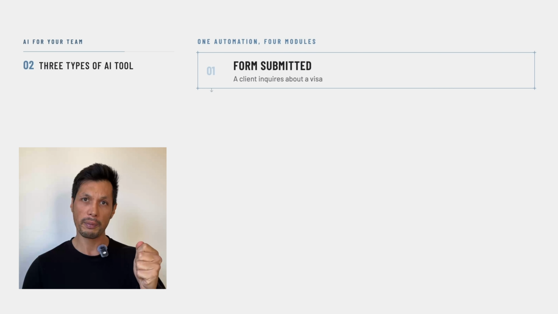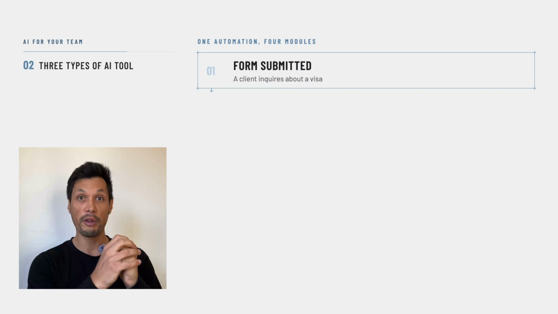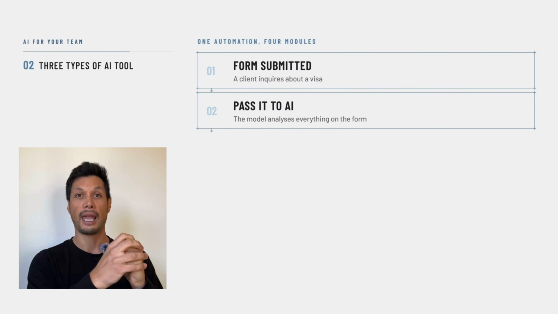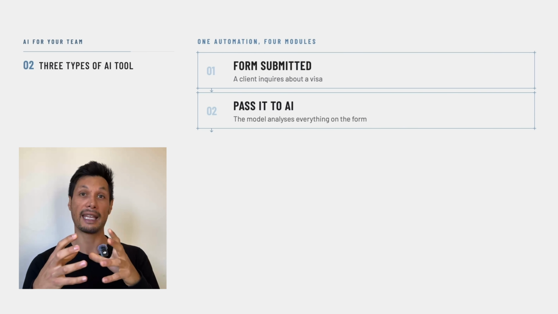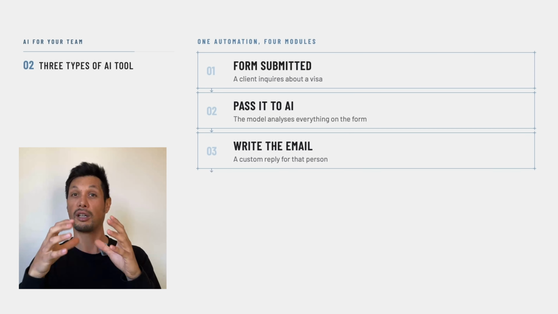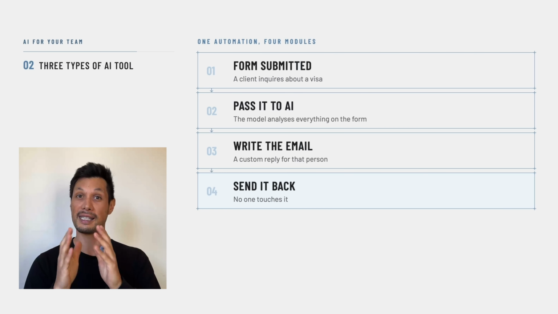So you can automate things like if you have a client that submits a form because it's inquiring about a visa, you can grab all the information from that lead form or a capture form and pass it to AI. So AI can analyze all of the information, and then with that information, you can have another module that is gonna write a custom email for that person, and a 4th one that is gonna send an email back.